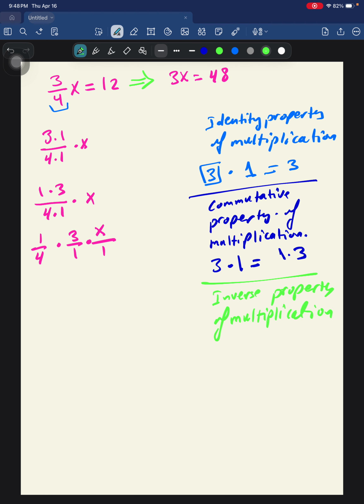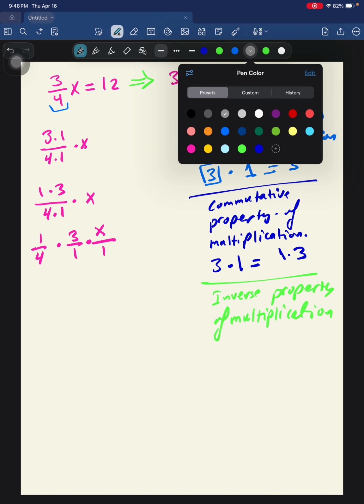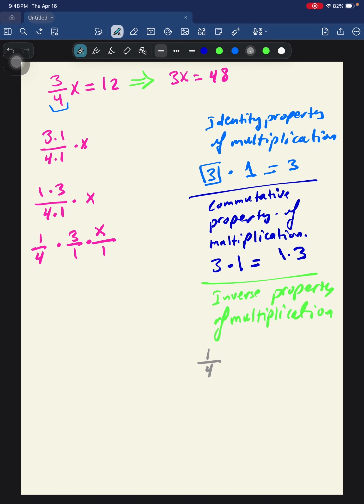In this property, if you have a number, for example 1/4, and then you flip the number, the numerator changes to be the denominator, and vice versa.